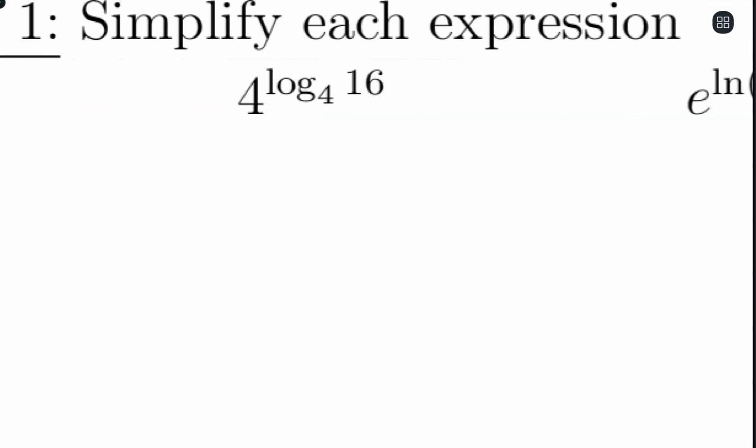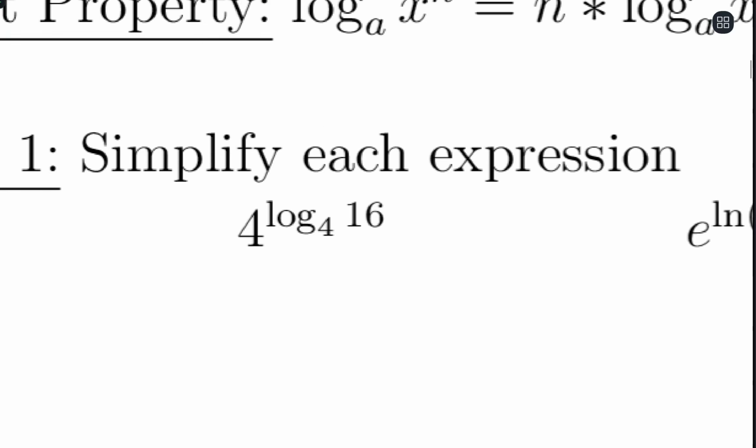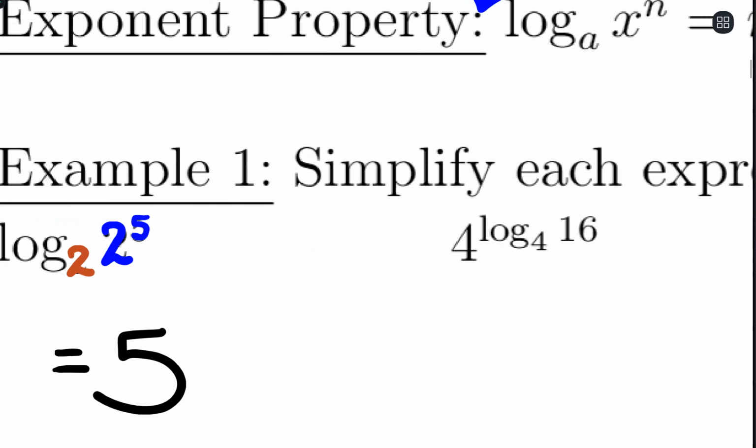For this one, we have 4 raised to the log base 4 of 16. And I'm realizing I didn't put this as one of the properties up above there. So let's add this in real quick. So in this case, we have the base of an exponential form matches the base of a logarithm in the exponent.